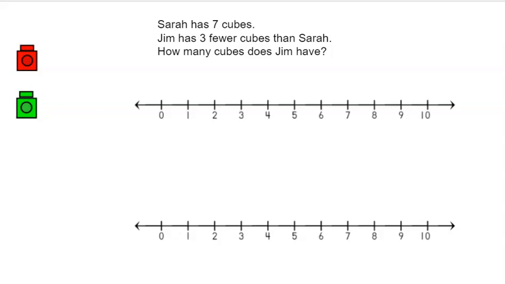So, is the number of cubes that Jim has going to be more than Sarah or less? That's right, it's going to be less because we know that Sarah has more cubes. So let's represent this in different ways. So let's give Sarah 7 cubes.